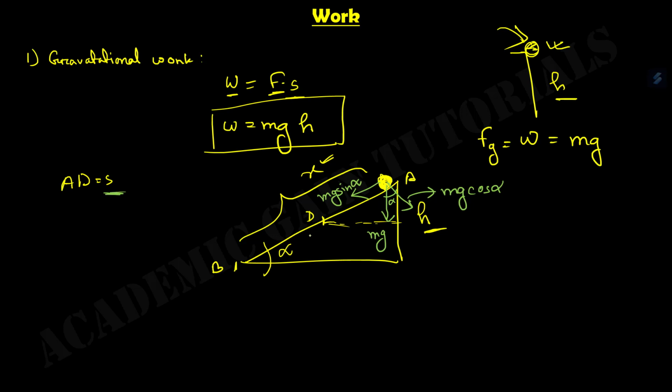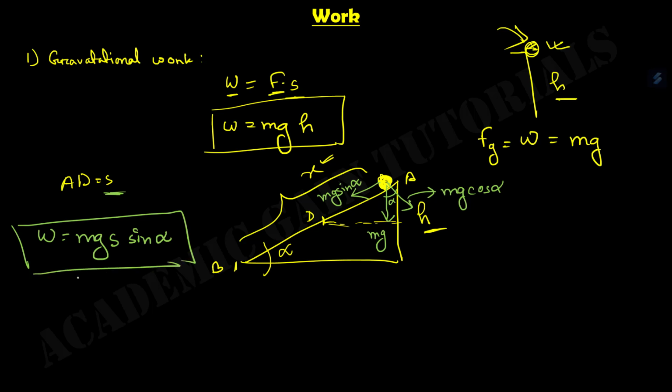So the work W will be m g s sin alpha. This is the whole concept of gravitational work.